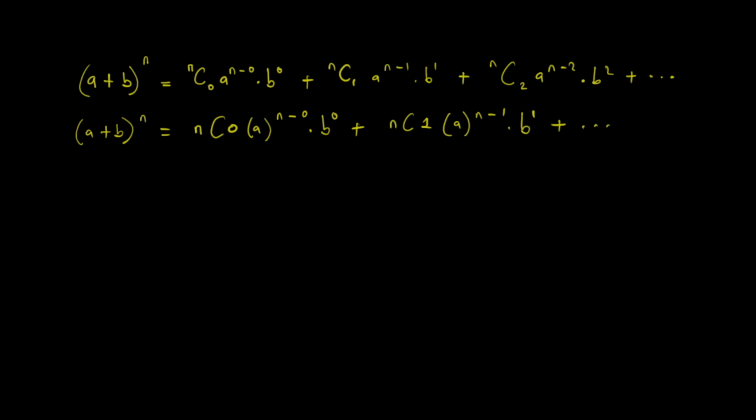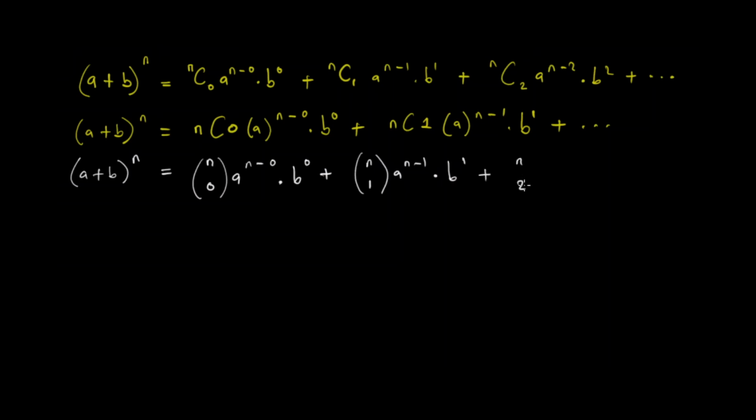But if we want to write it more simply, we just say (a plus b) to the n is equal to n choose 0, a to the n minus 0 multiplying b to the 0, plus n choose 1, a to the n minus 1 multiplying b to the 1, plus n choose 2, a to the n minus 2 multiplying b squared, and so forth like that.